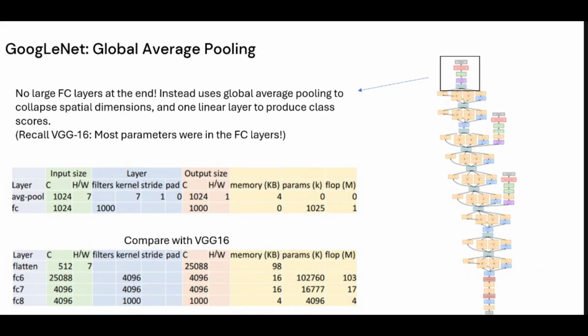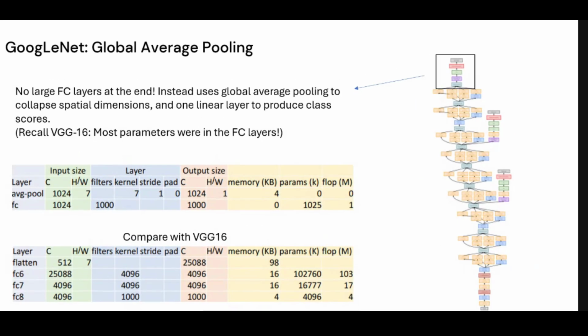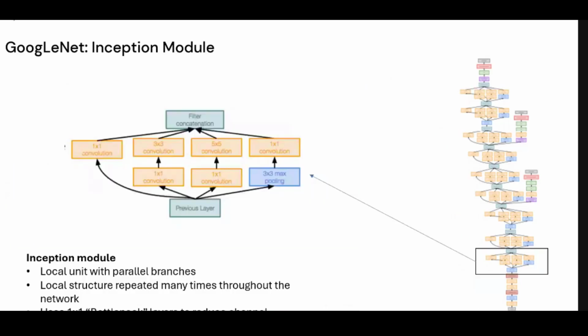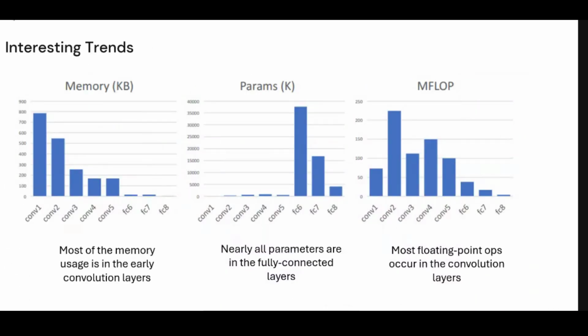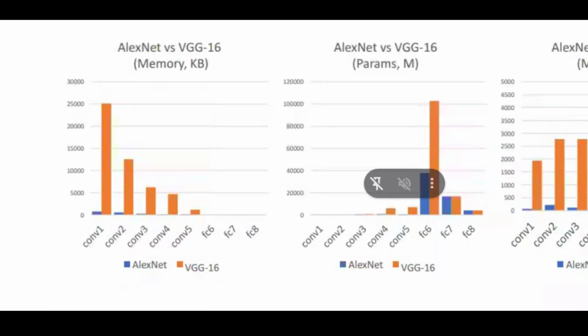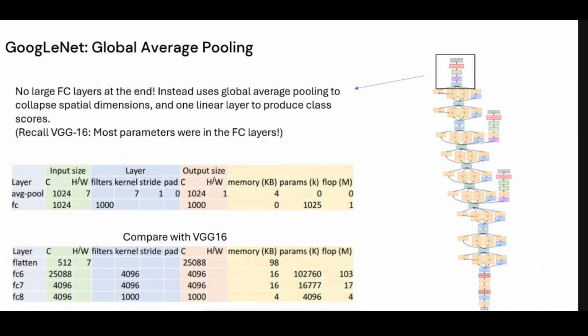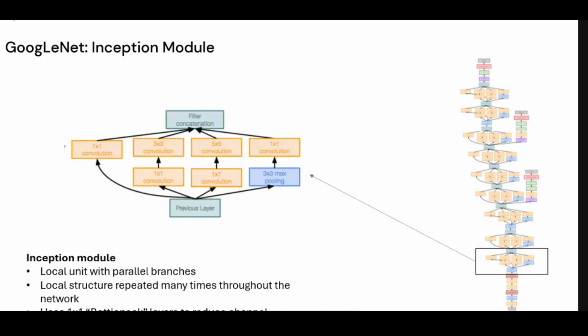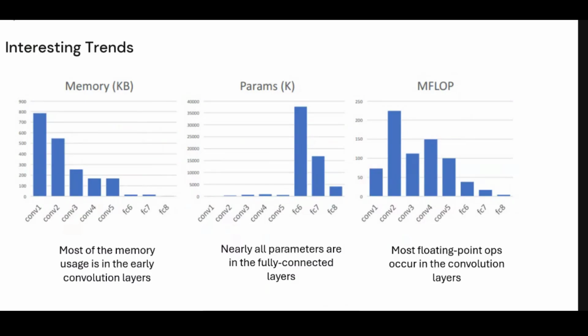So yeah, the next technique that we used in GoogLeNet was global average pooling. What does this mean? In the interesting trend table, we saw that parameters were mostly consumed by the MLP part, right? So global average pooling, what it does is that suppose our output activation map has a dimension of 64 cross 128 cross 128, right?